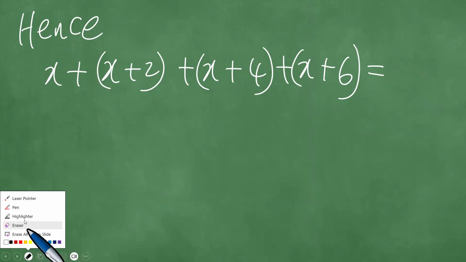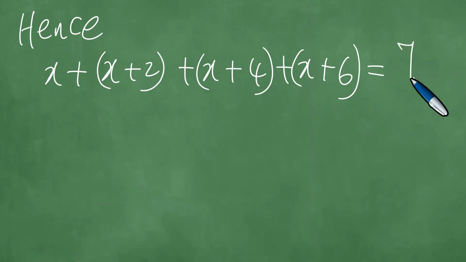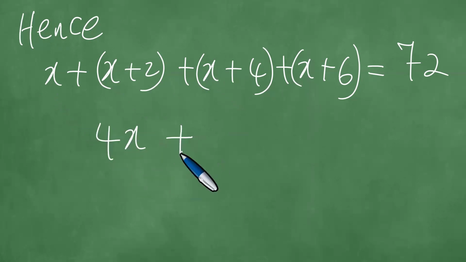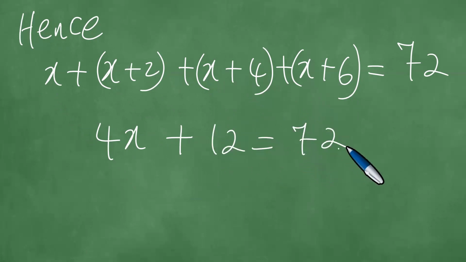If we add all these, x plus x plus x plus x gives us 4x, and 2 plus 4 is 6, plus 6 is 12. So 4x plus 12 equals 72.